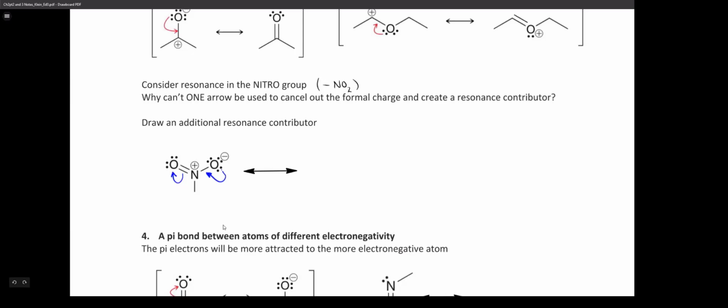So if we look at that, that would leave us with a nitrogen here. On the left side, the double bond has become a single bond. On the right side, we now have a double bond. Three lone pairs are now two.